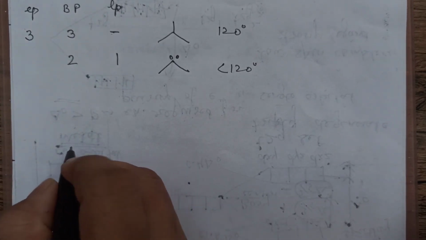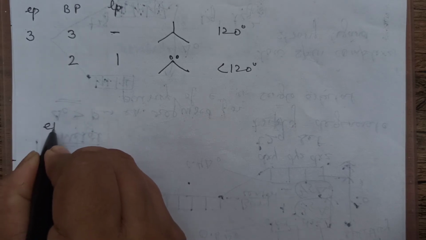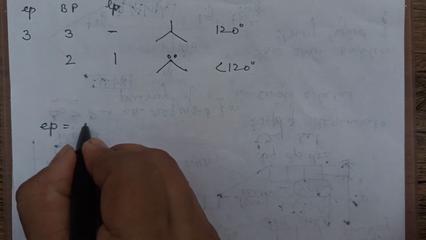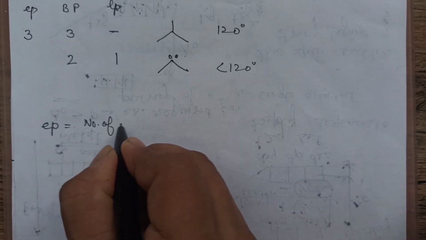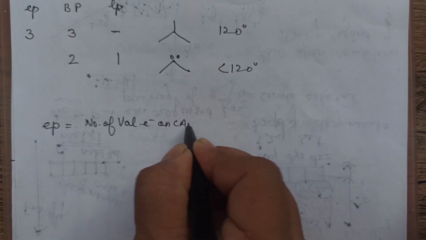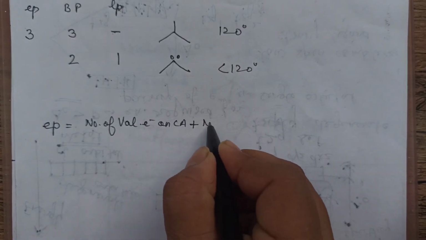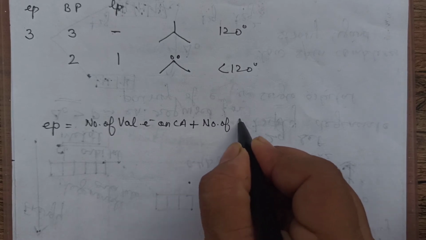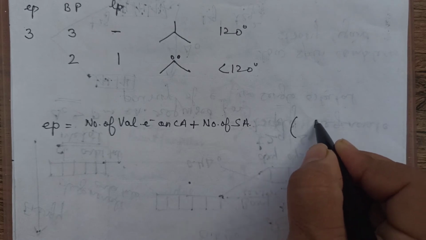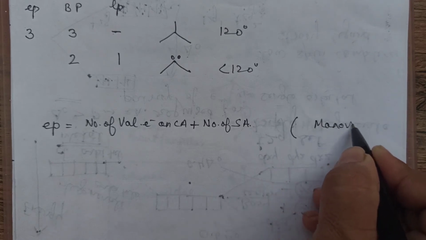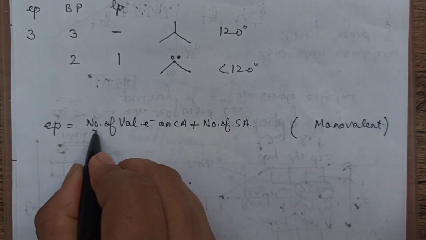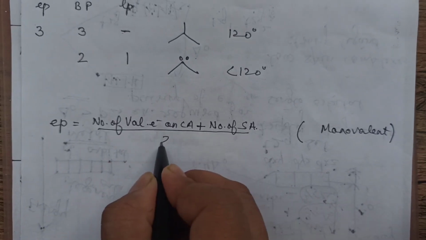The formula was, you calculate electron pairs by this formula: number of valence electrons on the central atom plus number of surrounding atoms, if the surrounding atom is monovalent, divided by 2.